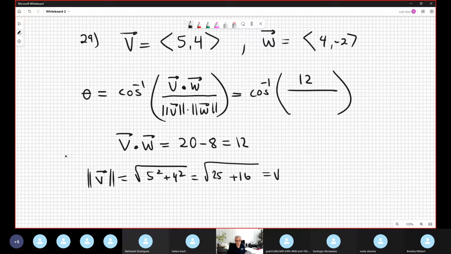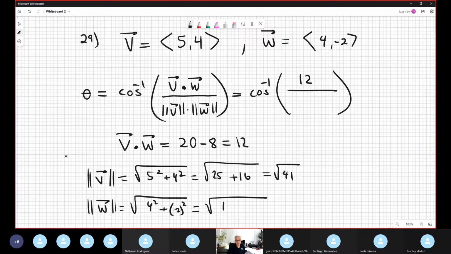Together is 41. Square root of 41, and leave it like that for a moment. And now magnitude W exactly the same. It's the square root of 4 squared plus -2 squared. 4 squared is 16 plus 4 is 20. And put together, this is square root of 41 times 20, right?